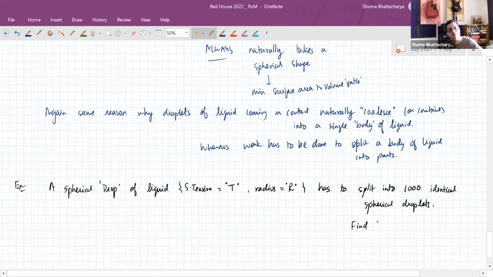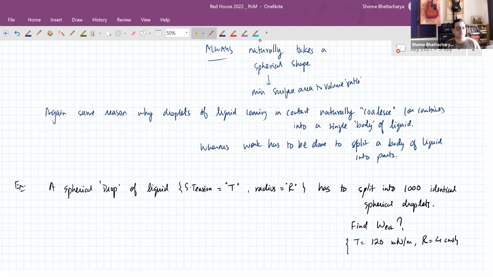Find the work that the external agent needs to do this split. Okay, so take the surface tension as, let's say, 120 millinewtons per meter, and the radius of the original droplet, let's take it to be 4 centimeters. So want to break it into 1000 such tiny droplets.